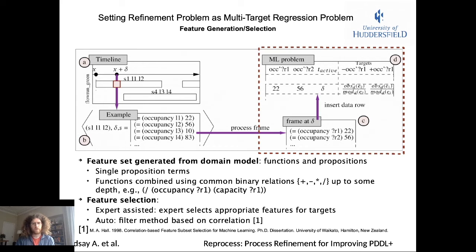So for example here we can get terms like occupancy divided by capacity, which is helpful in traffic. And then our two feature selection approaches: either expert assisted, where the expert selects some appropriate features, or auto, where we use a filter-based approach based on correlation.